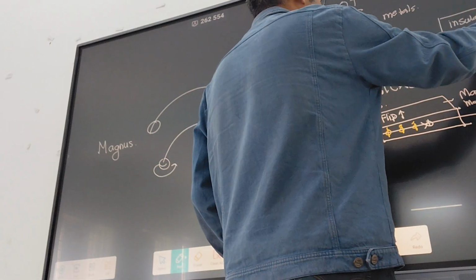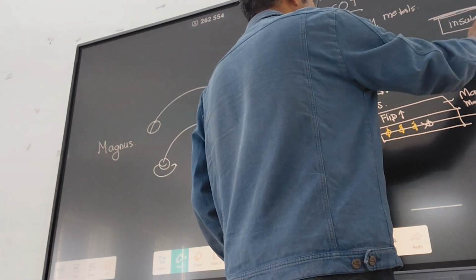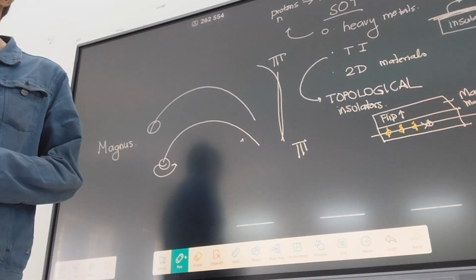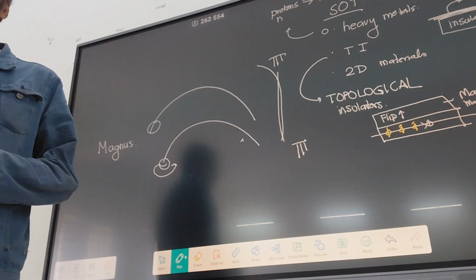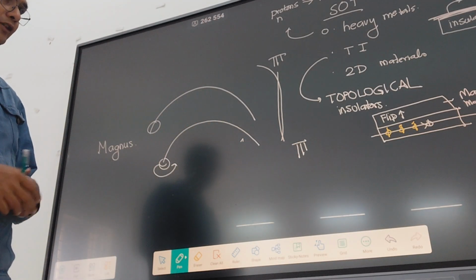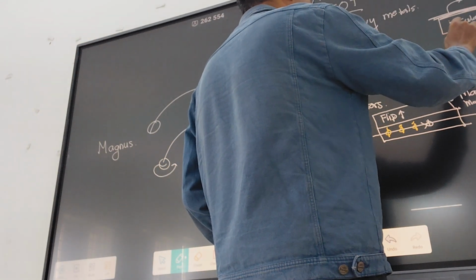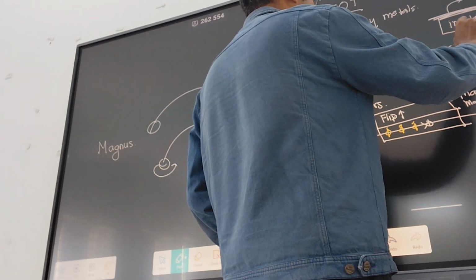Topological insulators are insulating in the bulk, but at the surface they are conductors. Okay. A 2D material, you know, graphene, any material which has such dimensioning.